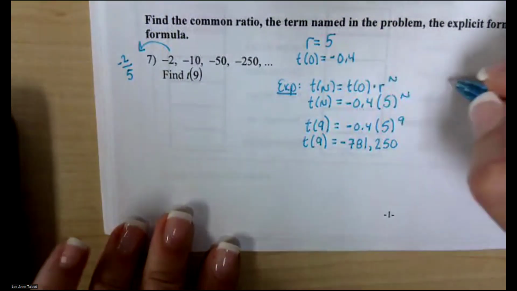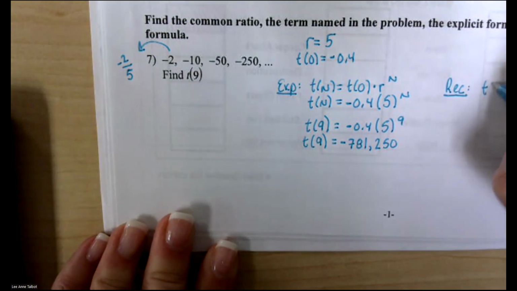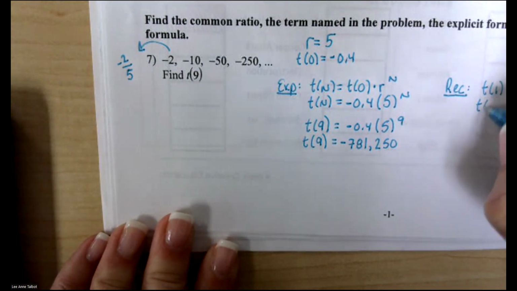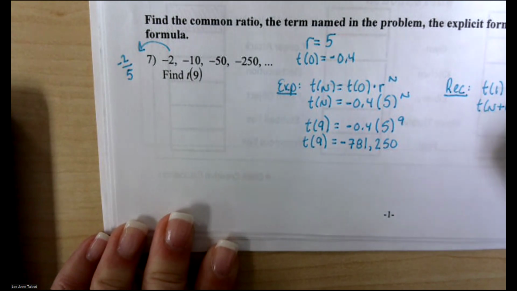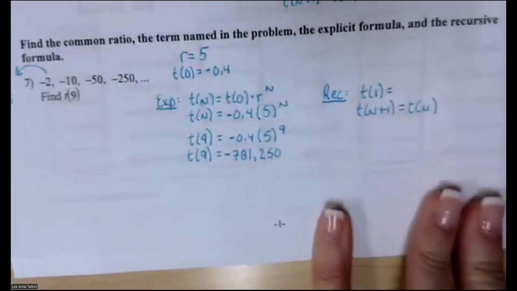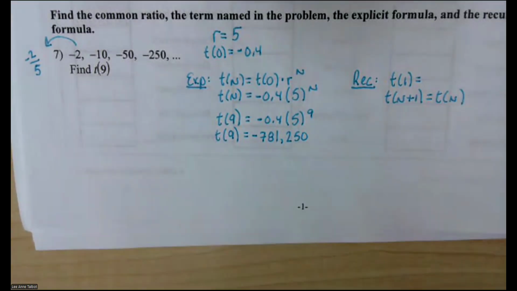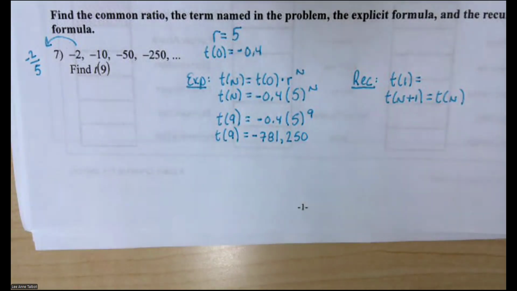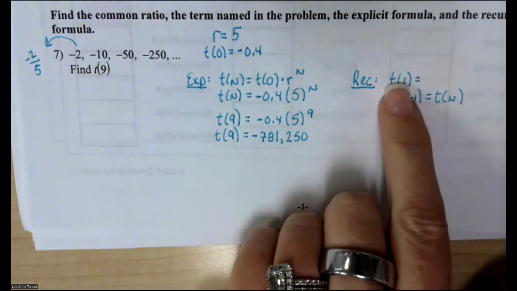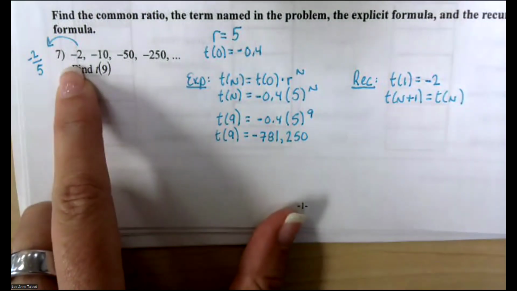Okay, last bit, recursive. Again, starts out exactly the same as all the other recursives. First term is here, -2.